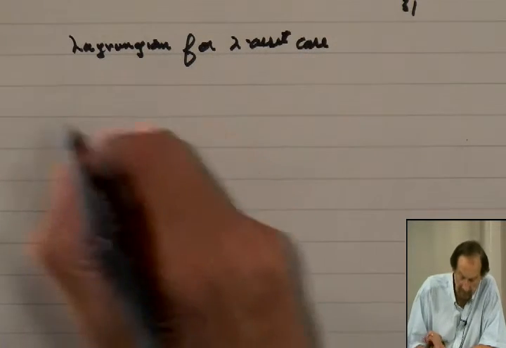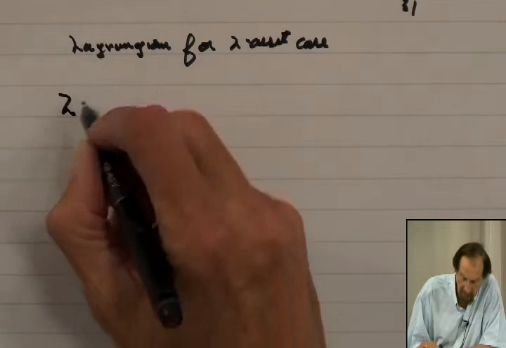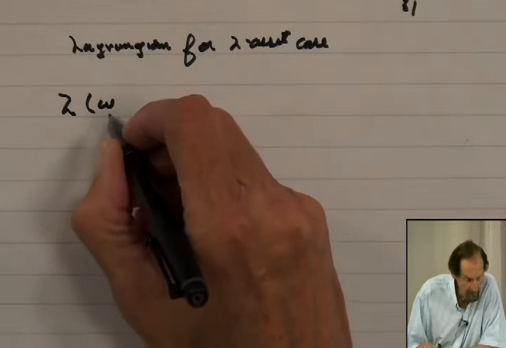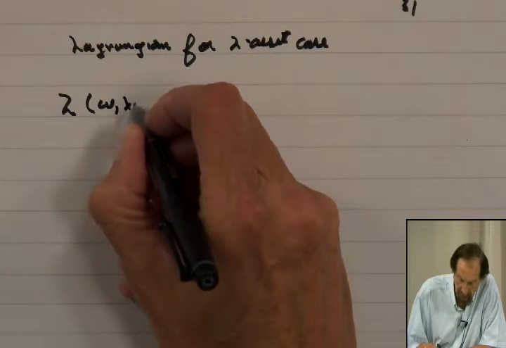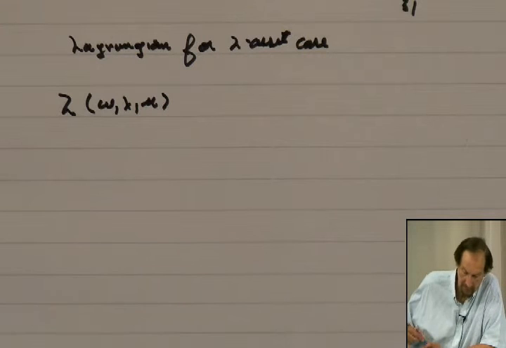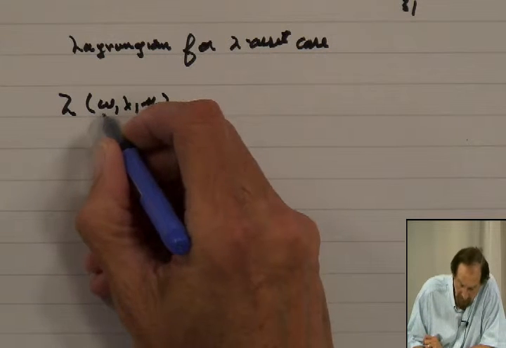Okay, and that's the following. We'll say L of W, lambda, mu, and this W, of course, is W1, W2.